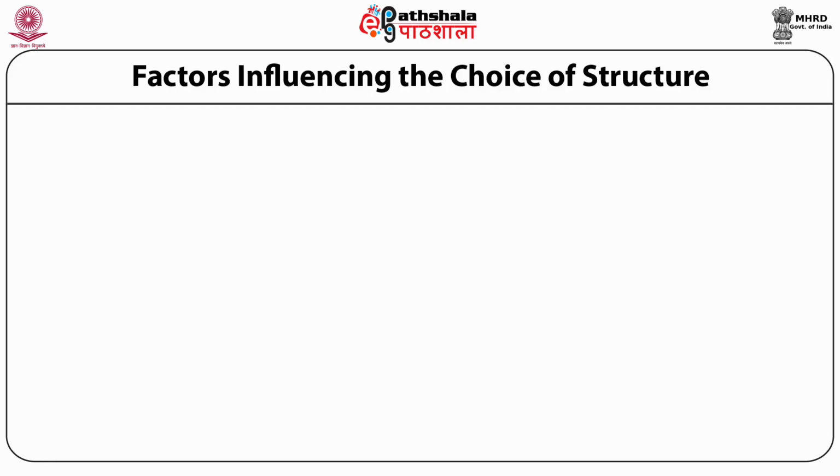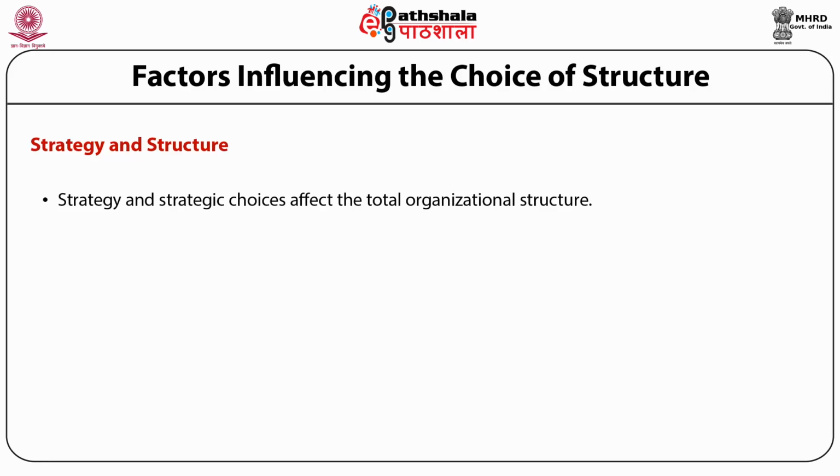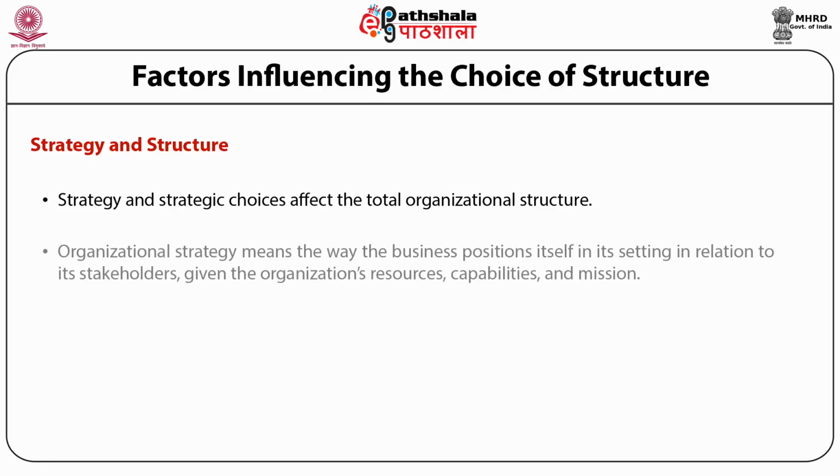The first point is strategy and structure. Strategy and strategic choices affect the total organizational structure. Organizational strategy means the way the business positions itself in its setting in relation to its stakeholders, given the organization's resources, capabilities, and mission.